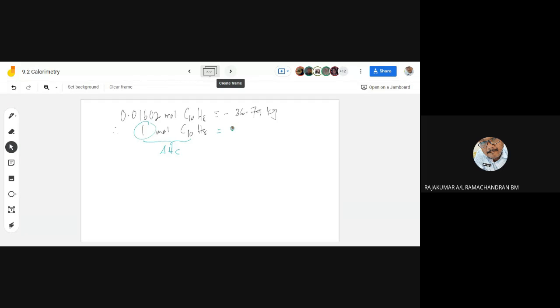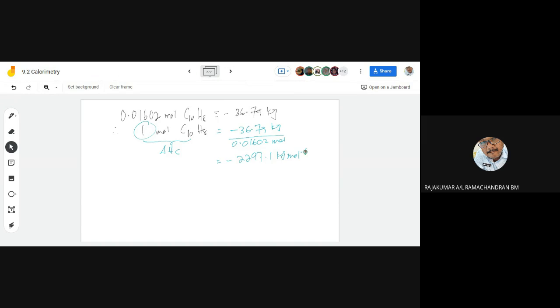So minus 36.79 kilojoule divided by 0.01602. Okay, kita kira. Saya dapat negatif 2297.1 kilojoule per mol.